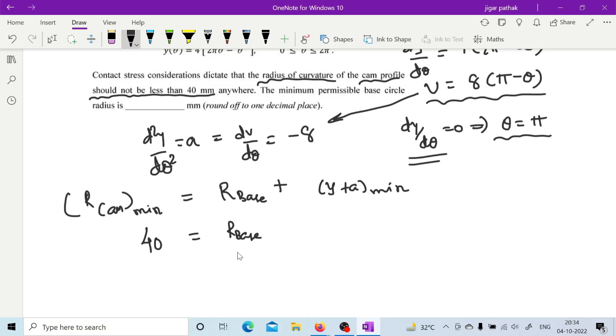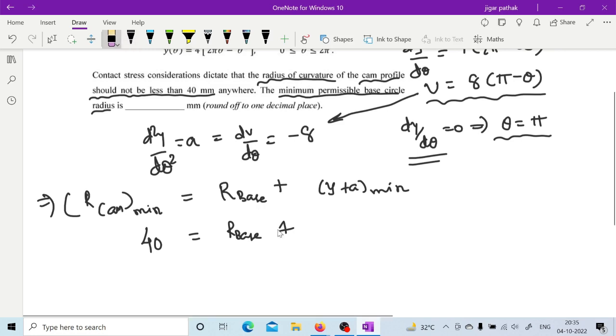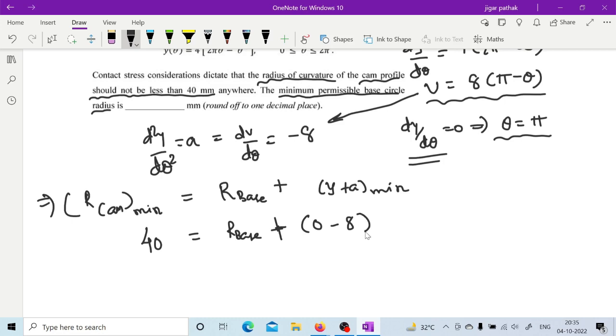In that case you need to calculate the minimum permissible base circle radius. So this is the geometric relation provided: r cam minimum is equal to r base plus y plus a minimum. This r cam minimum is given as 40, r base you have to calculate, and you have already calculated y and a. As we have seen, y is 0 and a we have calculated as minus 8.